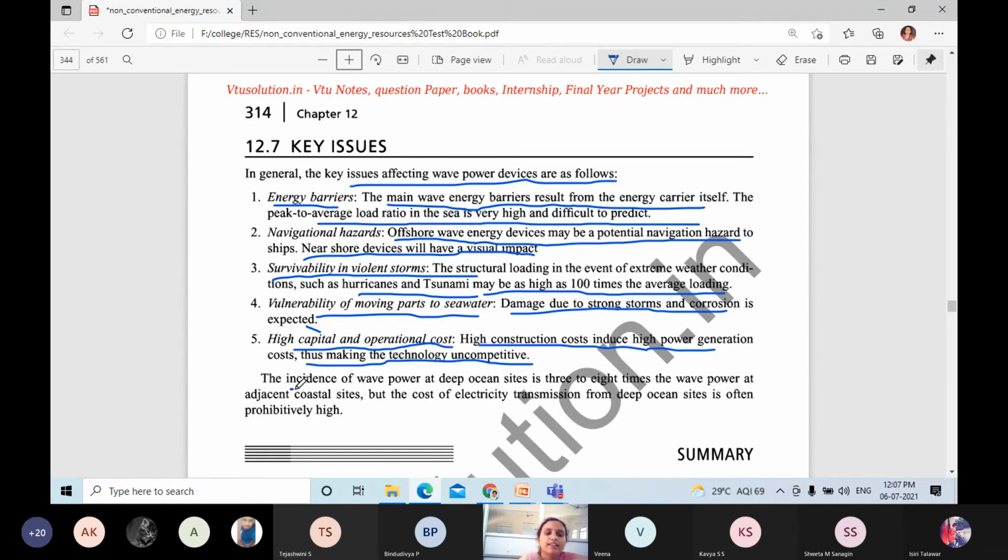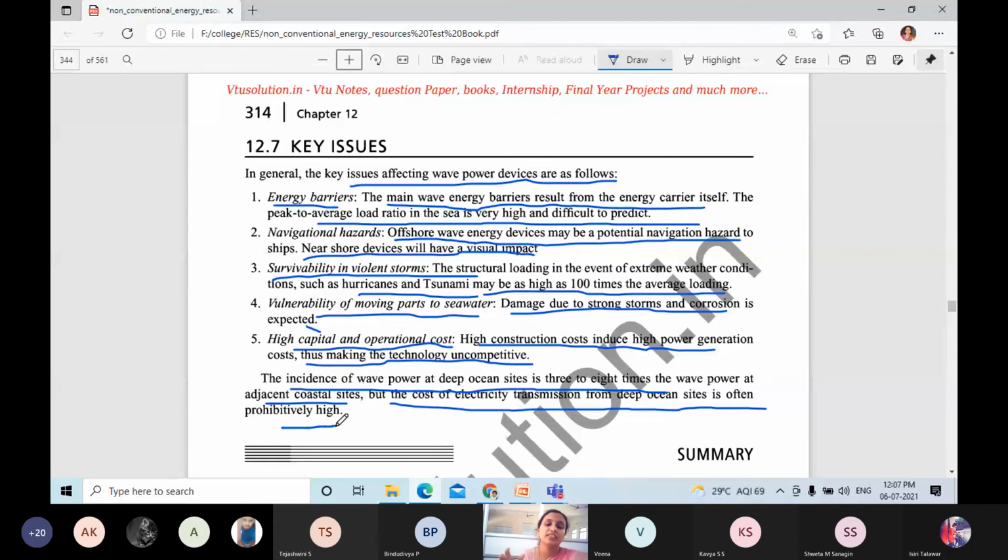The incidence of wave power at deep ocean sites is 3 to 8 times the wave power at adjacent coastal sites. But the cost of electricity transmission from deep ocean sites is often prohibitively high.